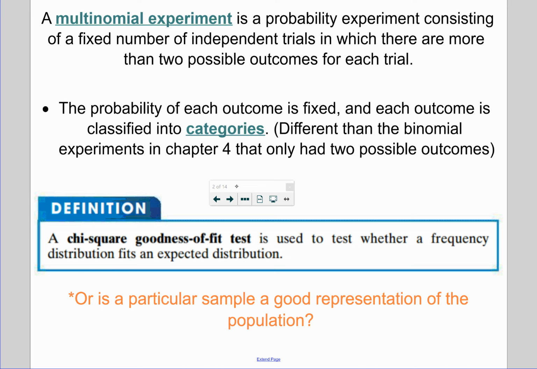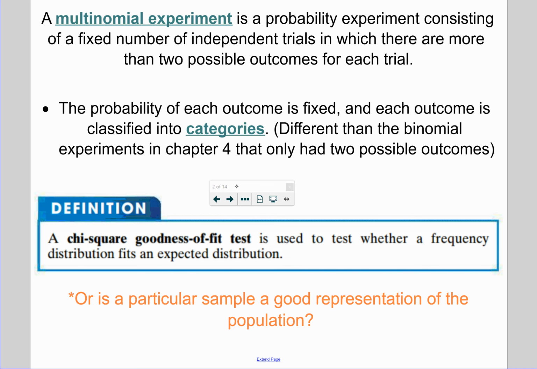Now we're going to be using what's called a multinomial experiment, where we have more than 2 categories. But our probabilities remain the same throughout. The probability of each outcome is fixed, and each outcome is classified into those categories. We're going to be using K in a minute to figure out how many categories we have.